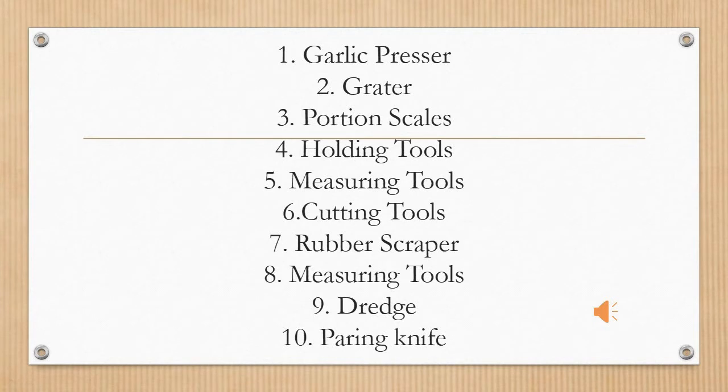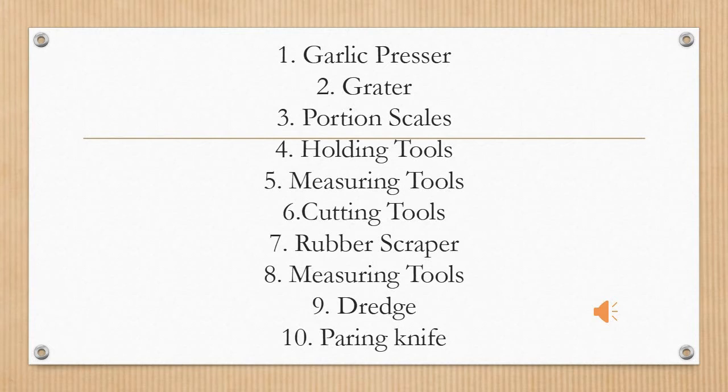Number 1. A kitchen tool that is specifically designed for pulping garlic for cooking. Garlic presser. Number 2. It is used to grate, shred, slice, and separate foods. Grater. Number 3.